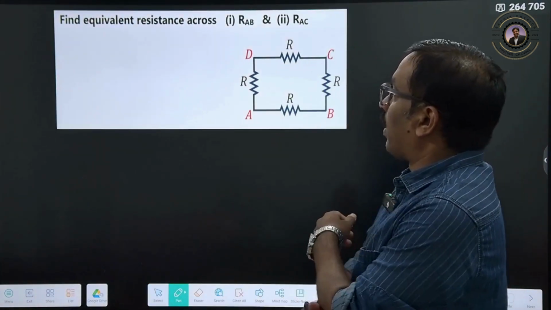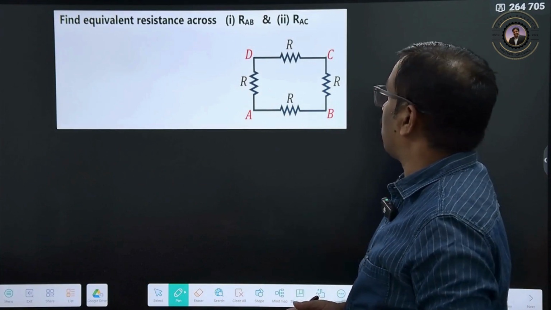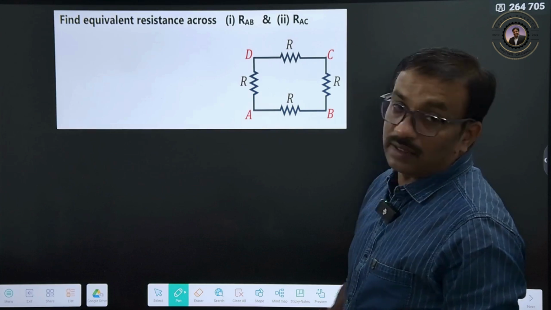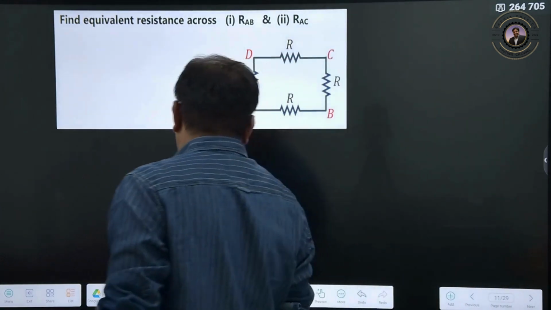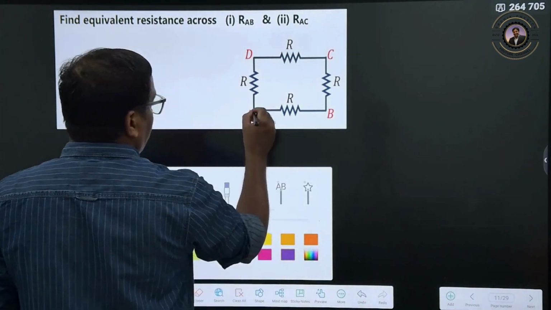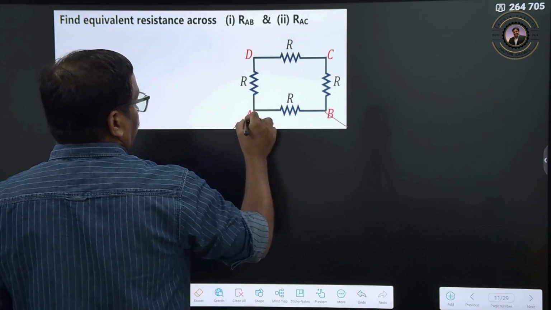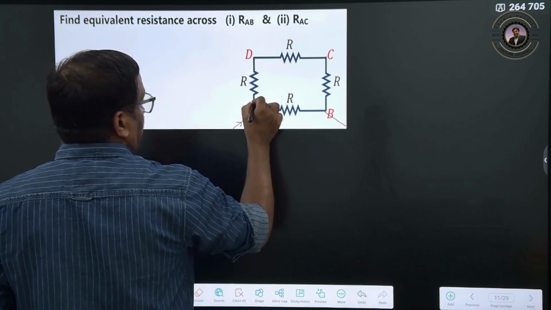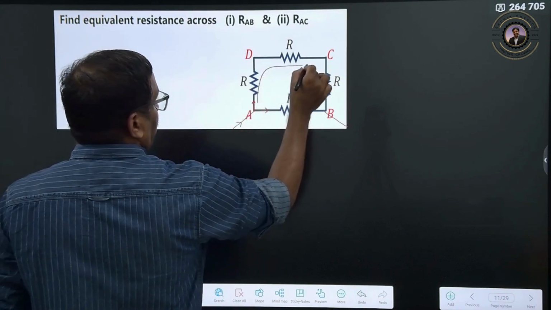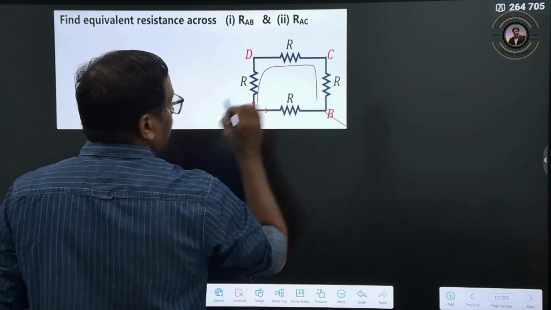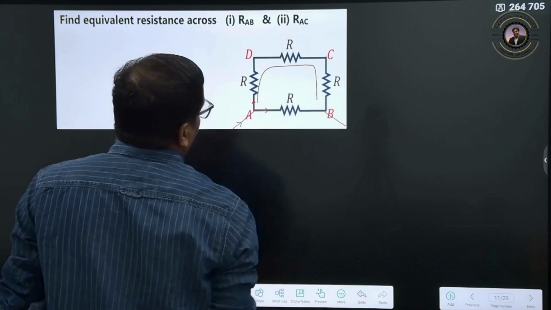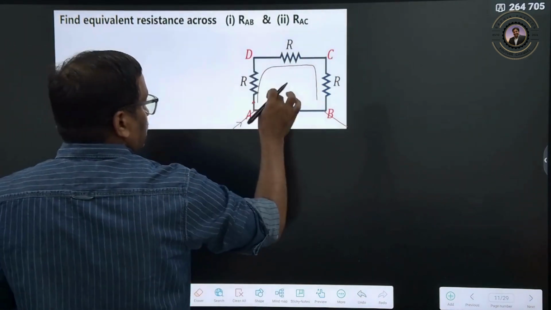So find the equivalent resistance across AB and across AC. Clear? So across AB we want to calculate. This is your AB. So when the current is flowing, coming here, the current is getting divided here, but the same current will be flowing here. Therefore these three are in series and this combination is in parallel.